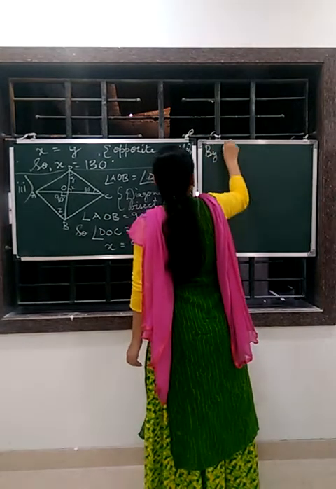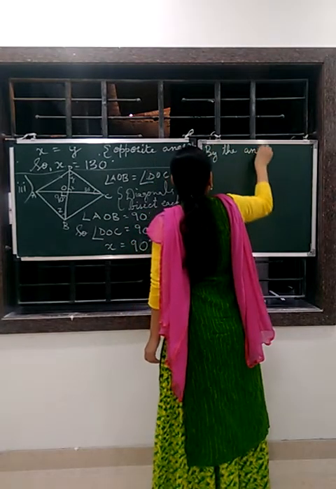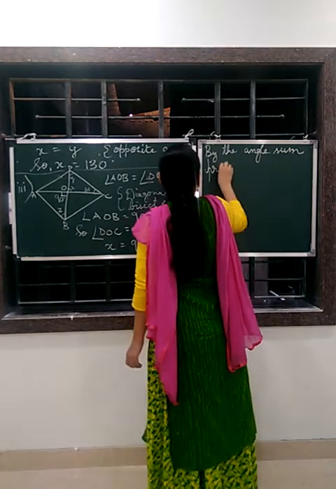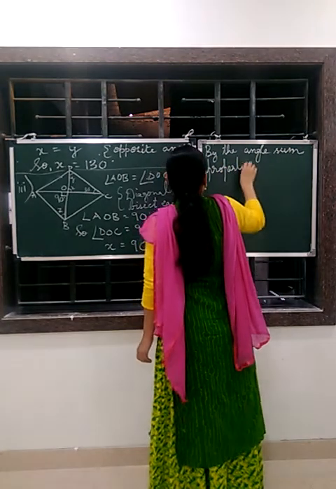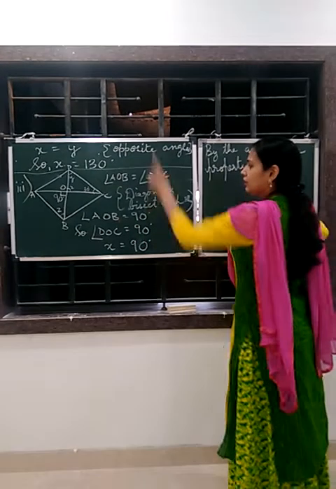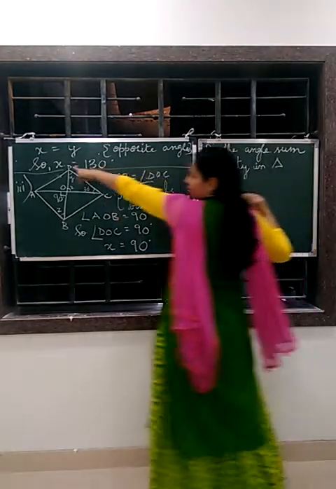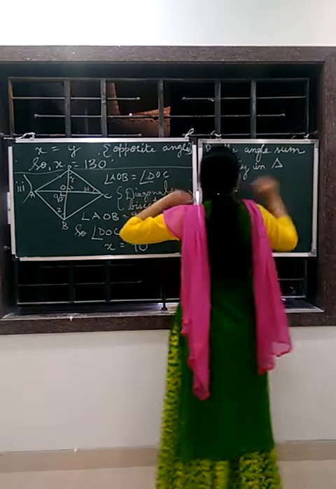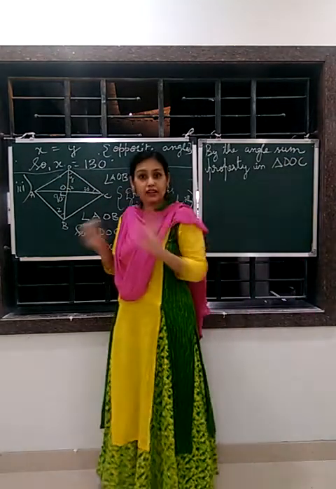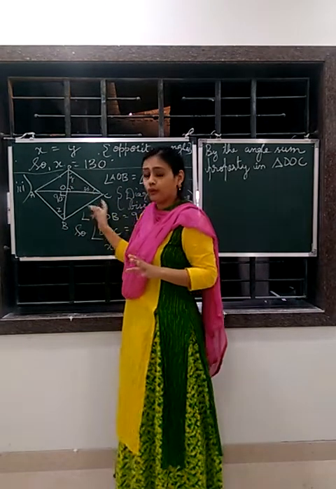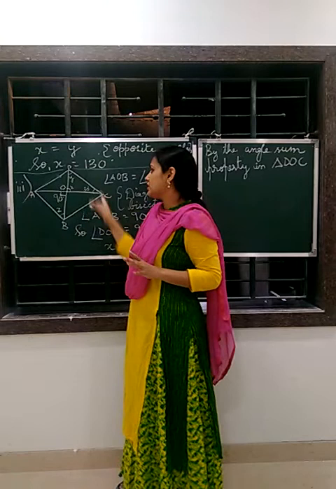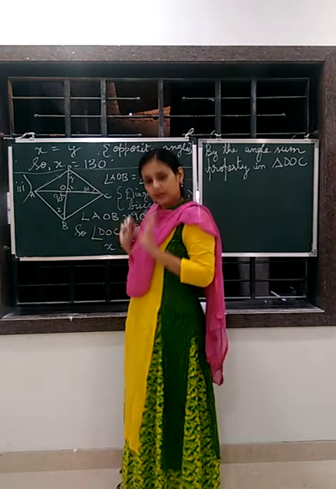By the angle sum property in triangle DOC. You can see DOC. Since it's a triangle, you can write any three given alphabets in any order. That is ODC, OCD, DOC, anyhow.